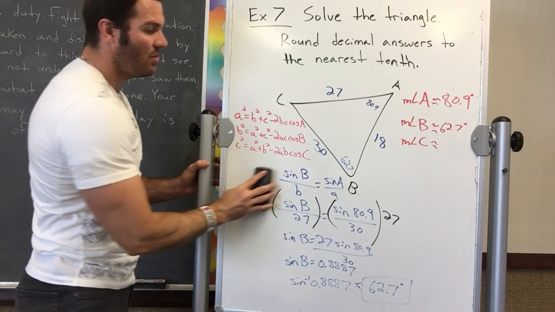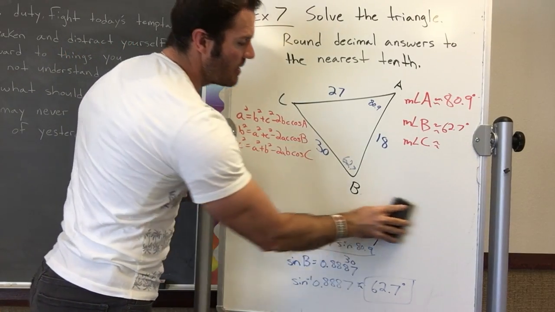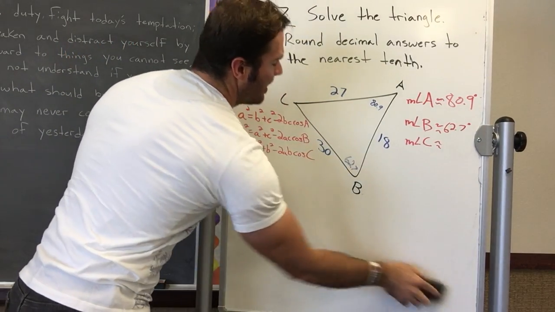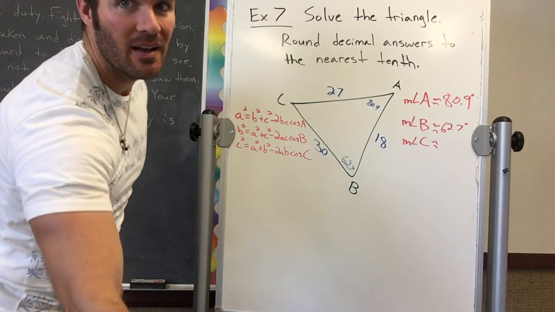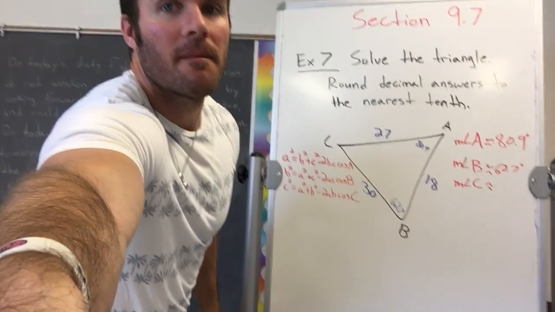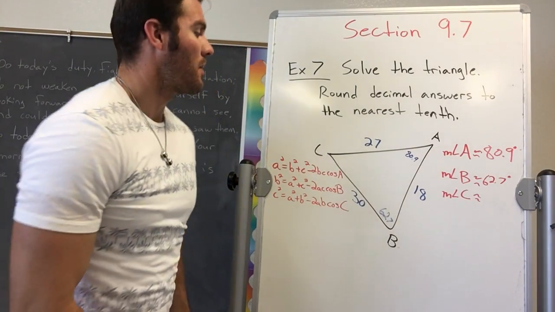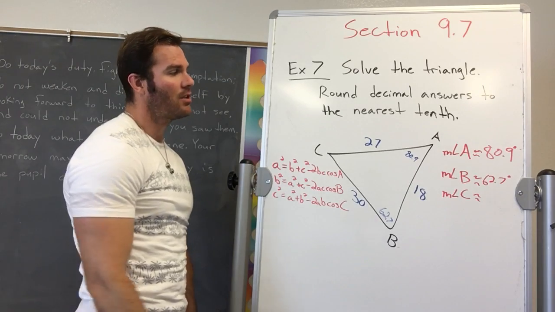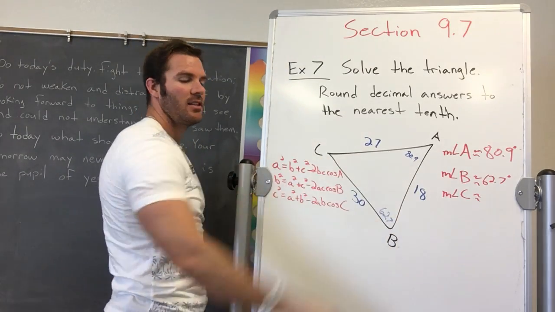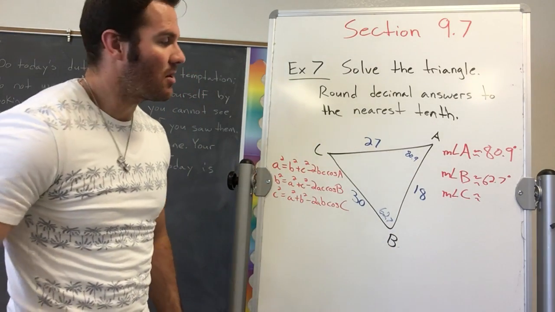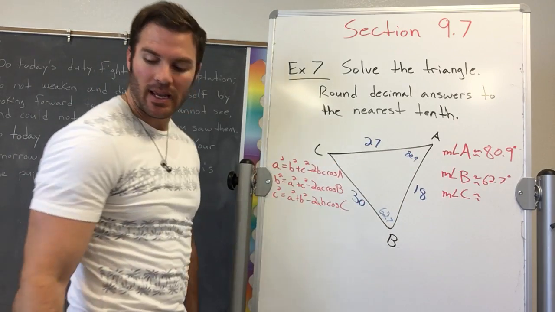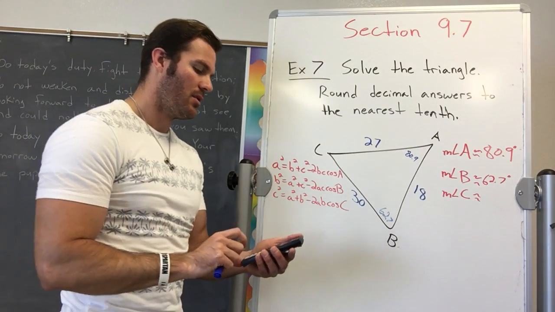Now, do I have to do law of sines or law of cosines again in order to find the measure of angle C? I could if I wanted to. It's a lot of work. Or I could just add these two together and subtract them from 180, because all three angles equal 180. Easy. You can do that on your calculator.